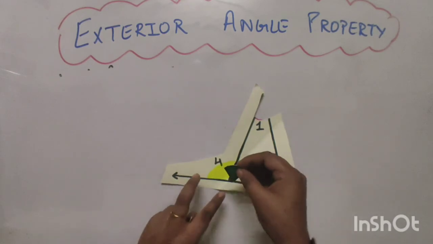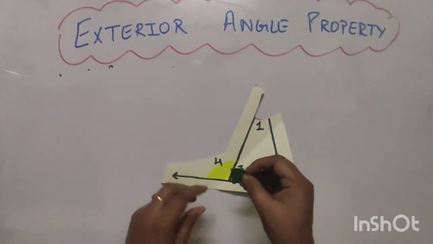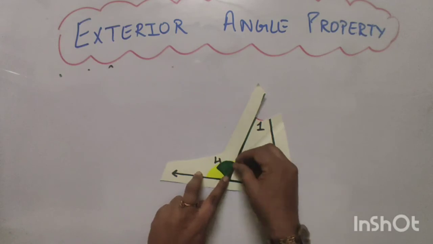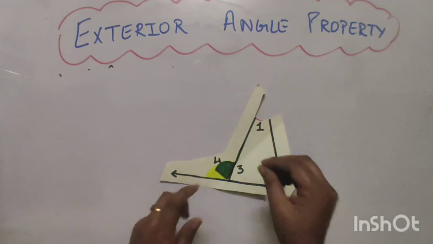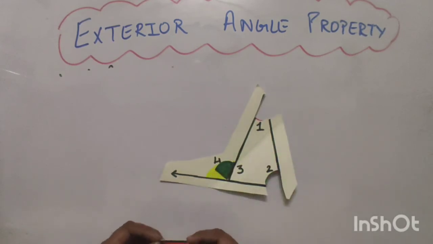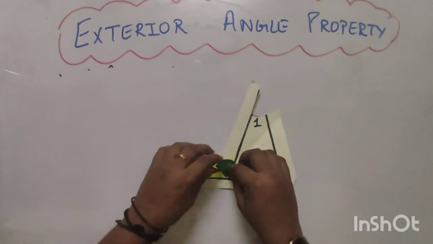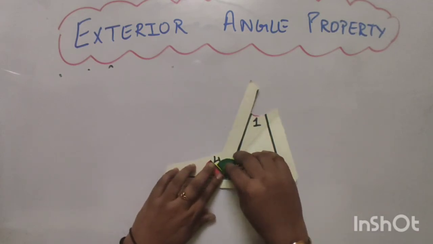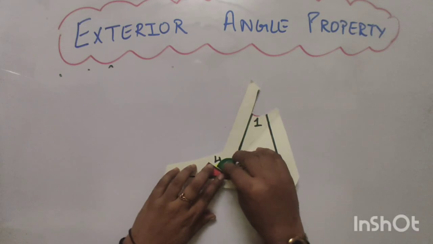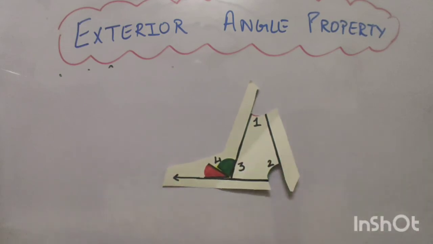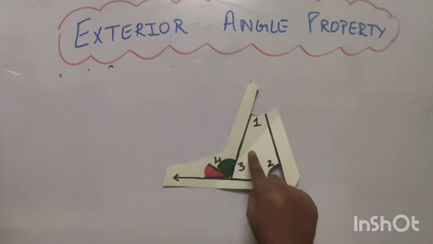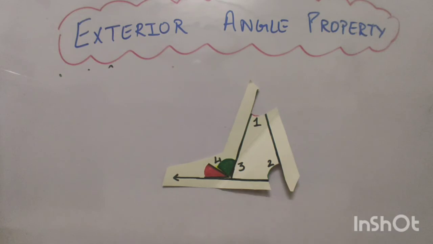So I am going to place it in the same way. This is the edge of an angle, so I am going to place it. You can see it has covered the region, and now I am going to place this. Wonderfully done. Wow. Here you can see that these two angles have appropriately covered the whole angle 4, right?